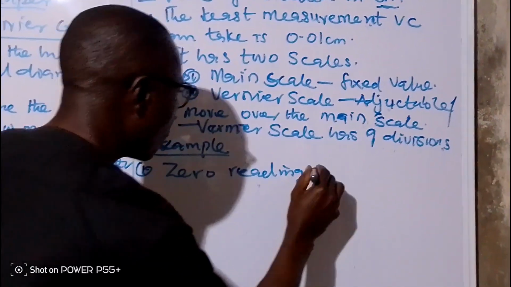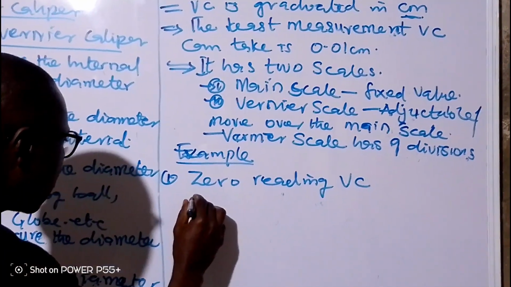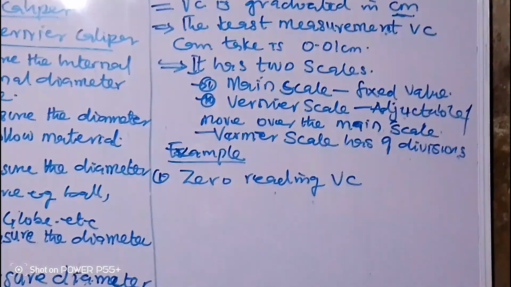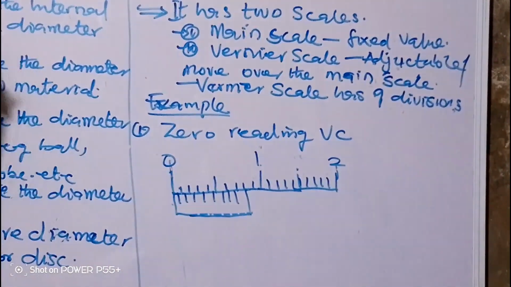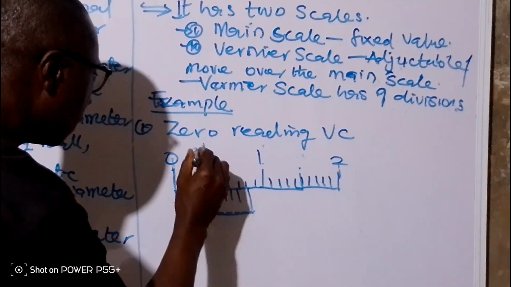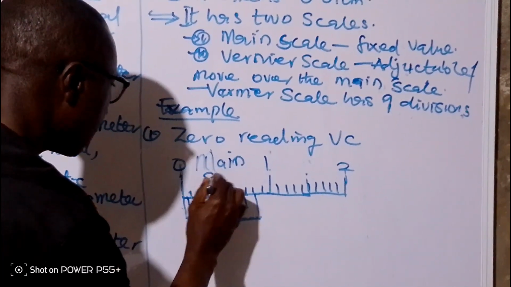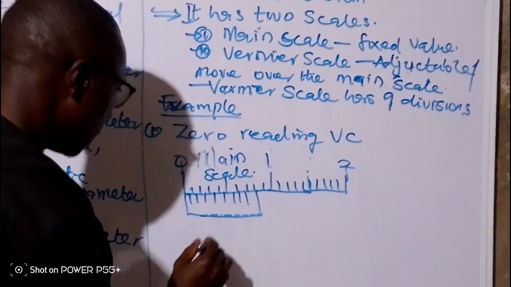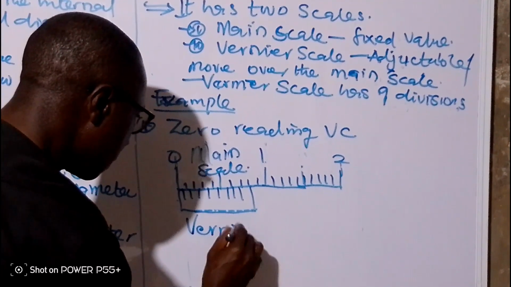Let's show the diagram. This is the diagram of vernier caliper. Here is the main scale, and this one is the vernier scale.